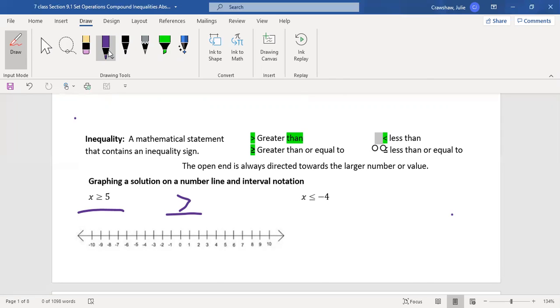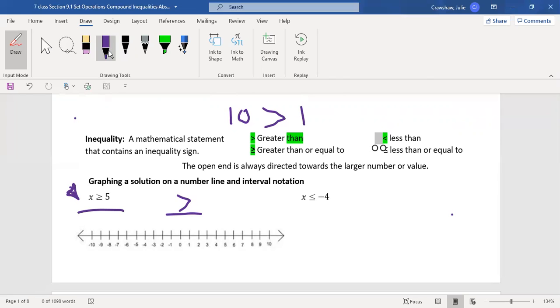If the line was not there, then it has to be bigger. The bigger end of the inequality sign is always towards the bigger item. 10 is greater than 1. So when I read my inequality, x is going to have to be greater than or equal to 5.